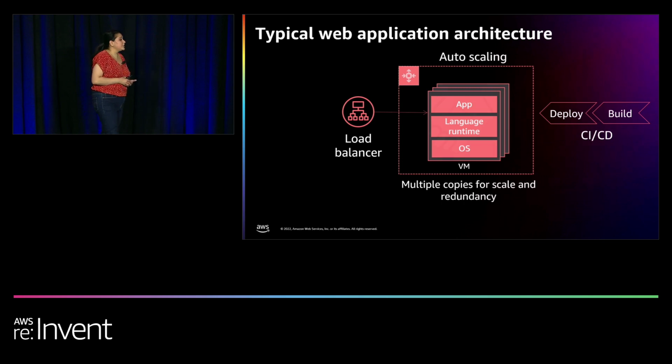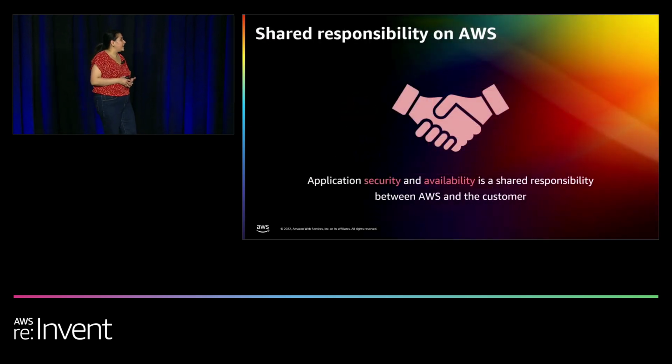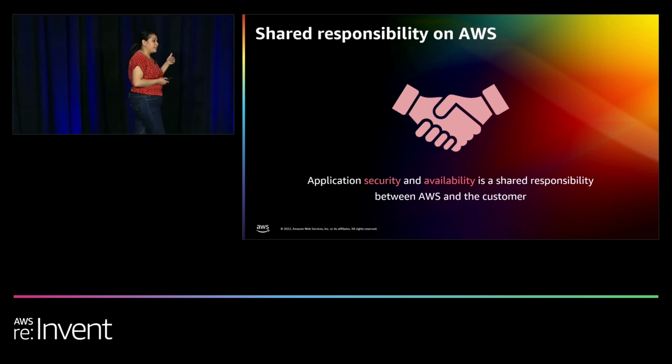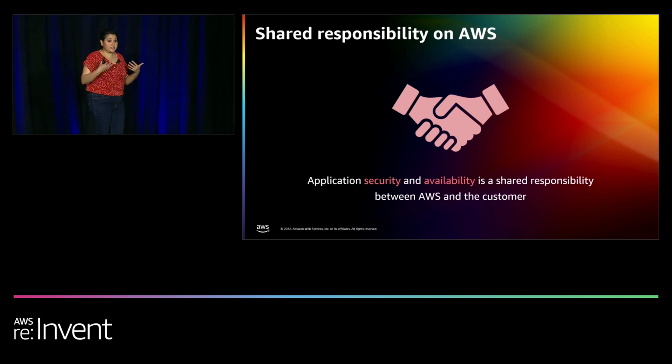Now, before we see how to run this on AWS, I want to pause and talk a little bit about the shared responsibility model on AWS. Some of you might have heard about this already. But the spirit of shared responsibility is that no matter what AWS service you use, not just specific to the ones we're going to talk about today, in most cases, the availability and the security posture of your application at the end of the day is a joint responsibility between you, the customer, and us, AWS.